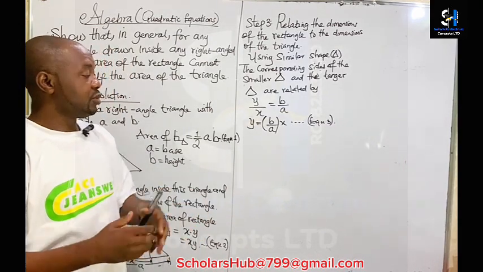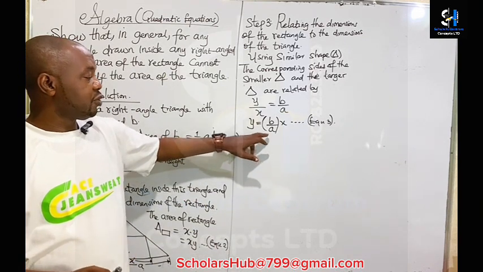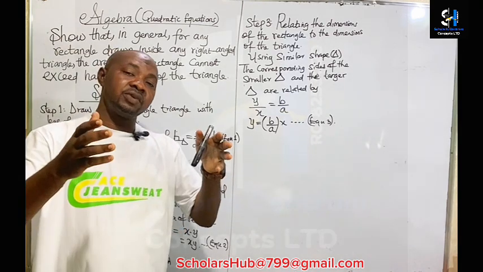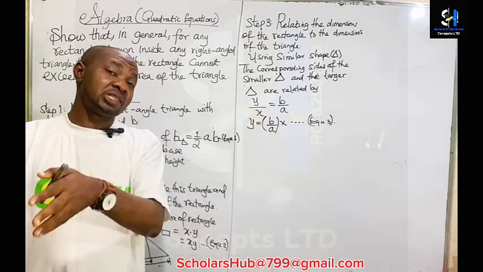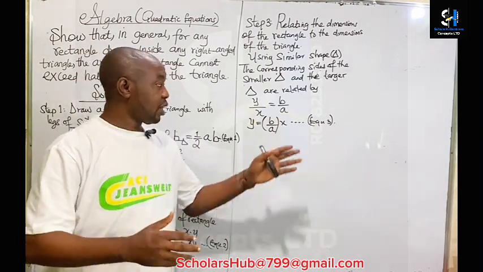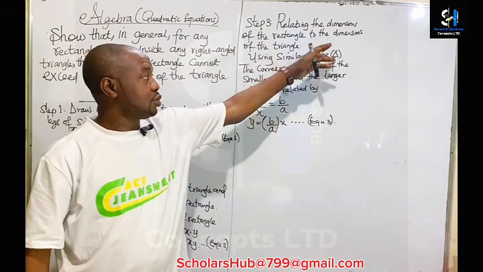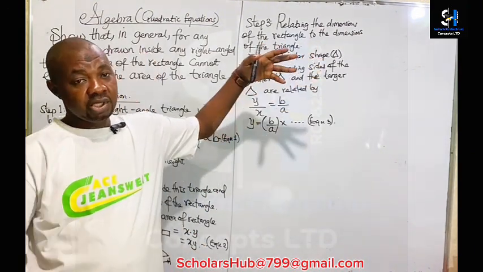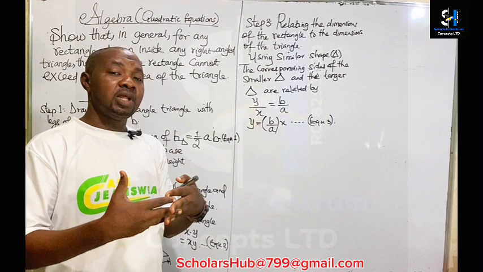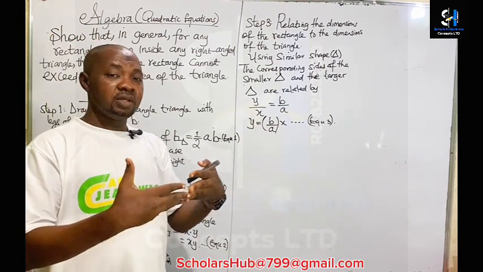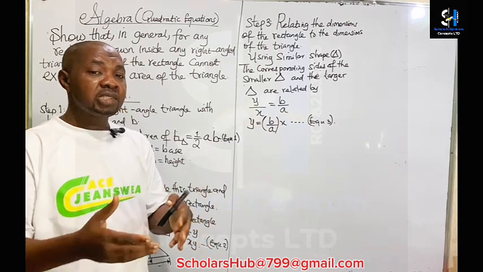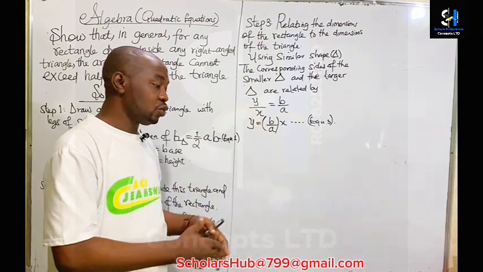After relating the dimensions of the rectangle to the dimensions of the triangle using similar shapes, the connection is that, in order to find the maximum area of the rectangle, the area of the rectangle will be related to the area of the right angle triangle.